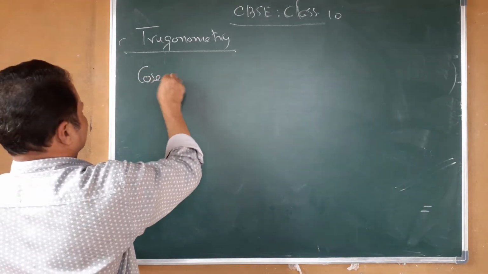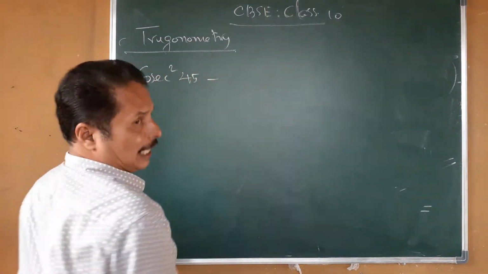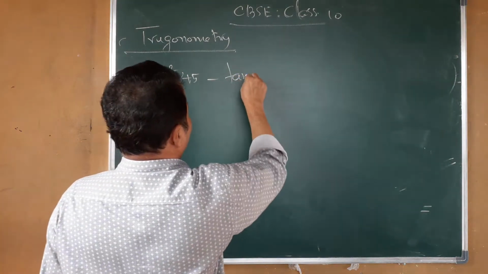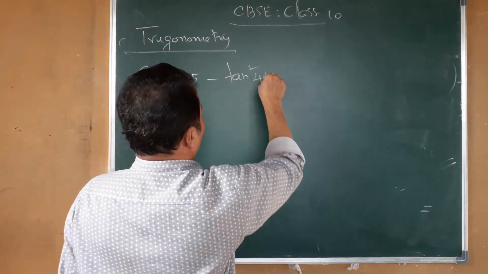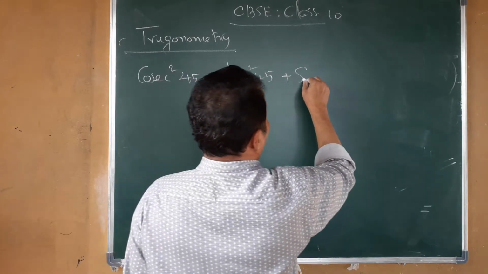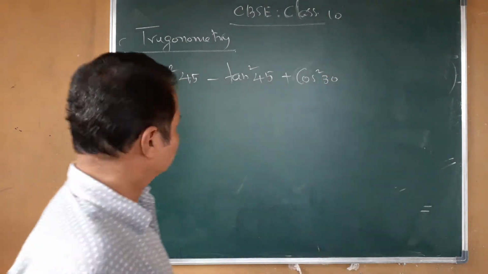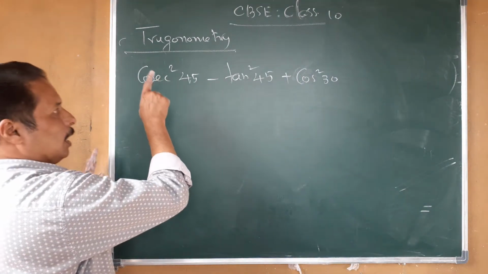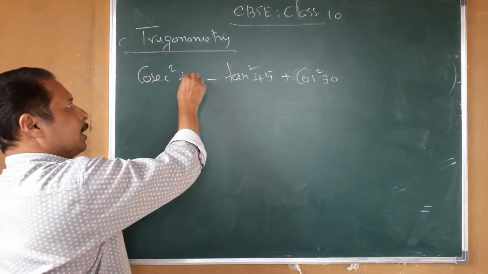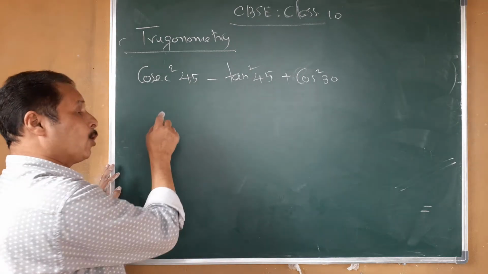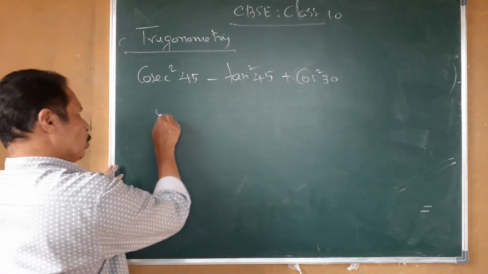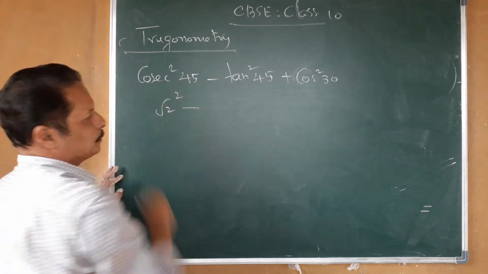Cosec square 45 minus tan square 45 plus cos square 30. Are you ready? Write the question slowly. Cosec 45: sin 45 is 1 by root 2, so cosec 45 is root 2.